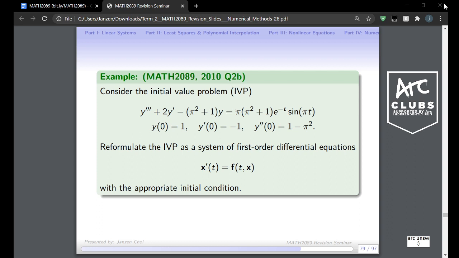Okay, I can go through some past papers involving PDE questions.